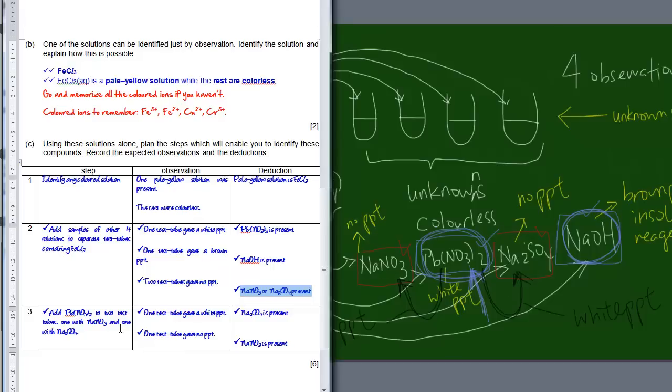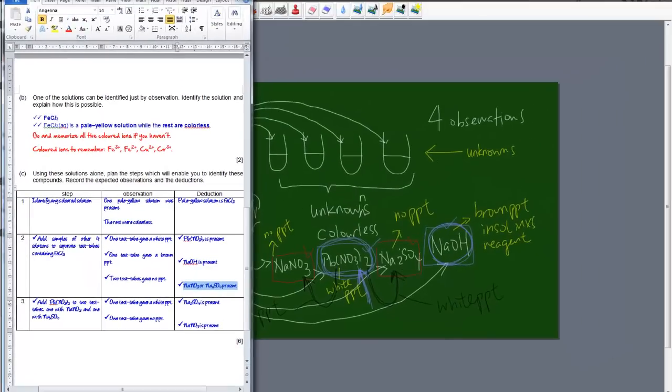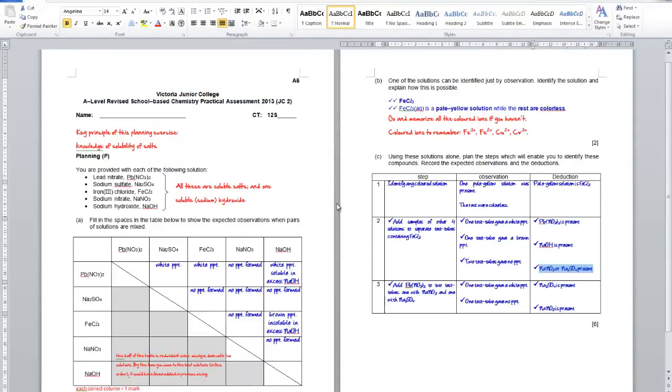Then after that, since we have positively identified lead nitrate, we are going to add the lead nitrate to the 2 unknowns. The solution that gives no PPT would be NaNO3, and the one that gives a white PPT would be Na2SO4. So in that way, you will have positively identified every single compound's solution in the whole question. So that's it for this question.